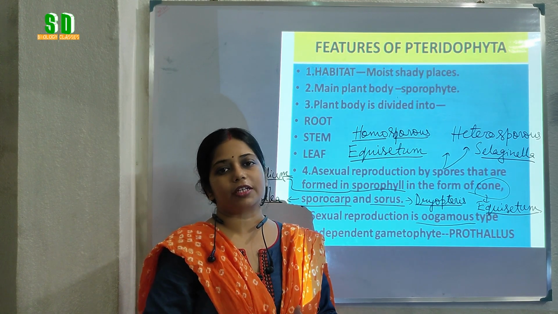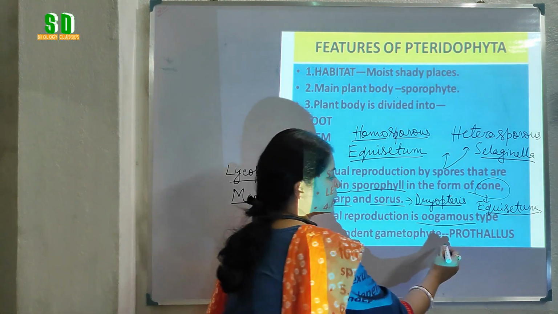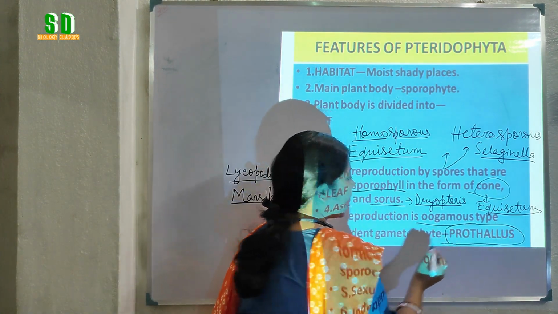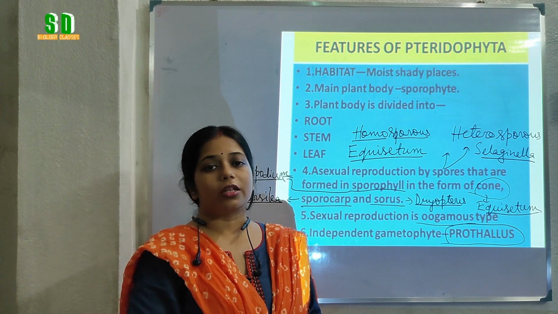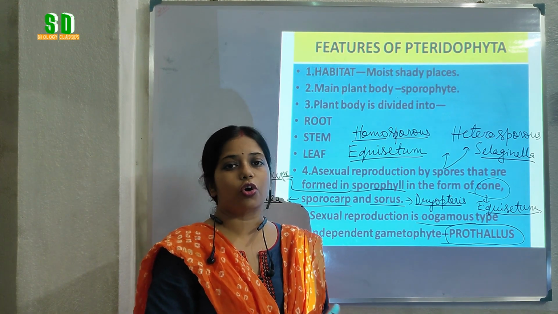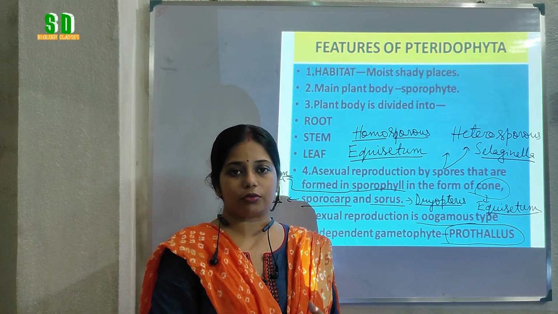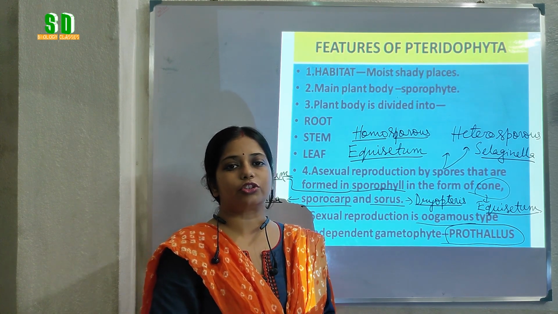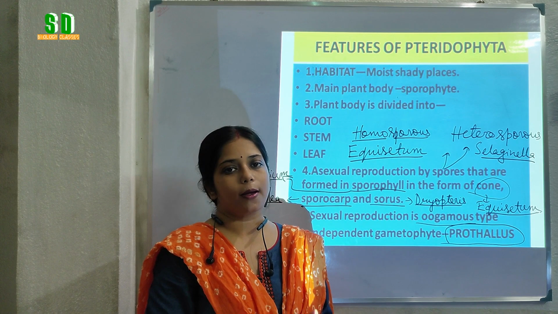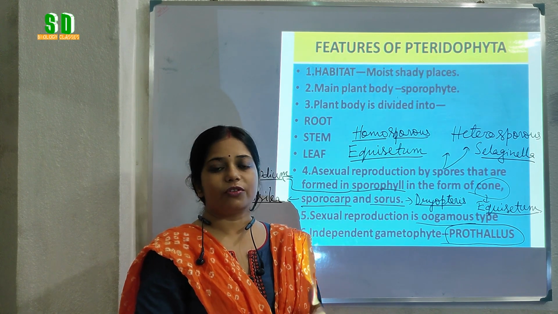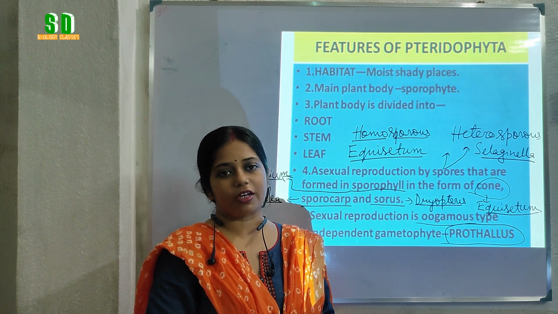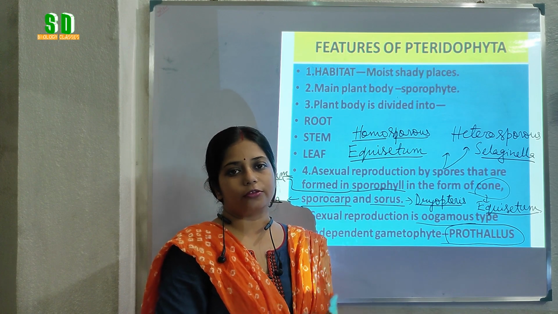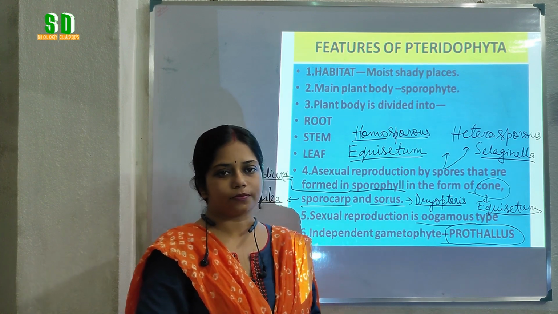The gametophytic structure of the Pteridophyta is called the prothallus, and that is independent. That means in most cases it grows on the soil, and sometimes it can grow on the spore wall also. When we discuss the life cycle of the Pteridophyta, we will know more about this structure in detail.